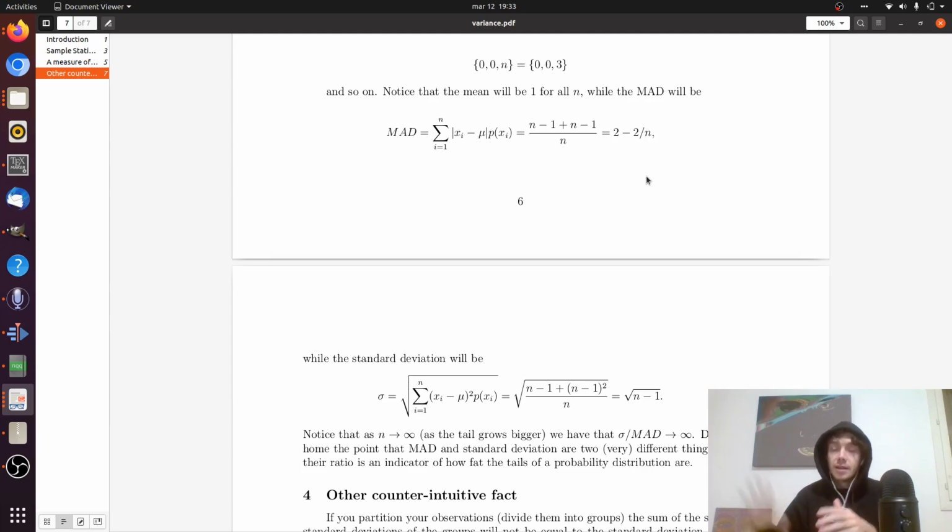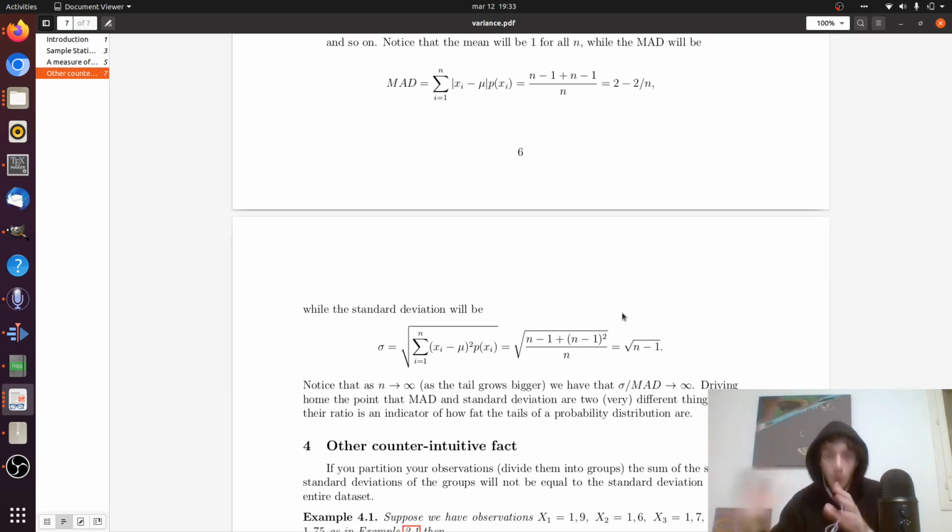So as n goes to infinity, the mean absolute deviation is going to be 2, and the standard deviation is going to explode. So the bigger we make the tails, all the way over here, the bigger the standard deviation is going to get, but the mean absolute deviation is going to remain quite stable instead.